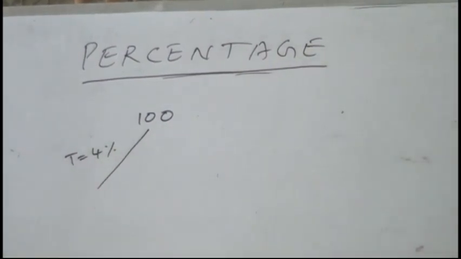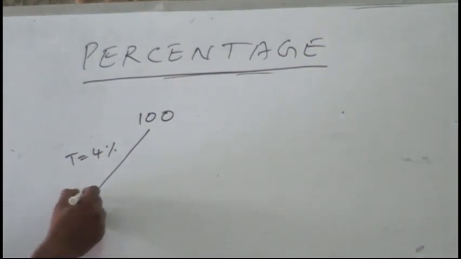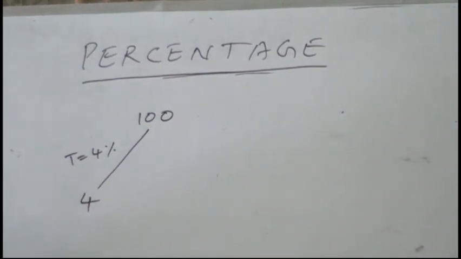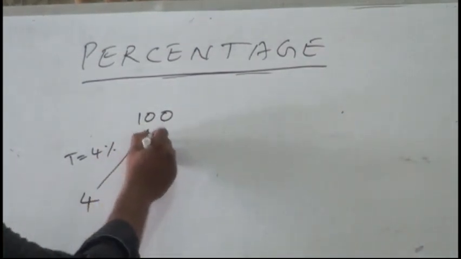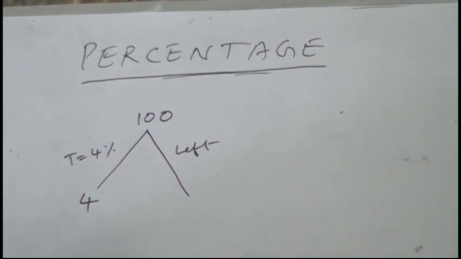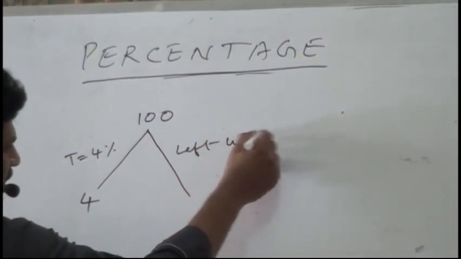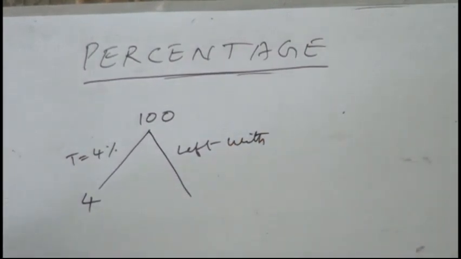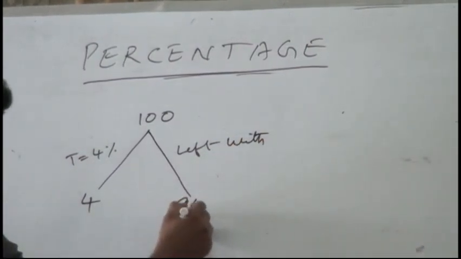What is 4% of 100? 4 apples. 4 apples got spoiled in transport. So he is left with how many now? Very good. So the remaining is 96.